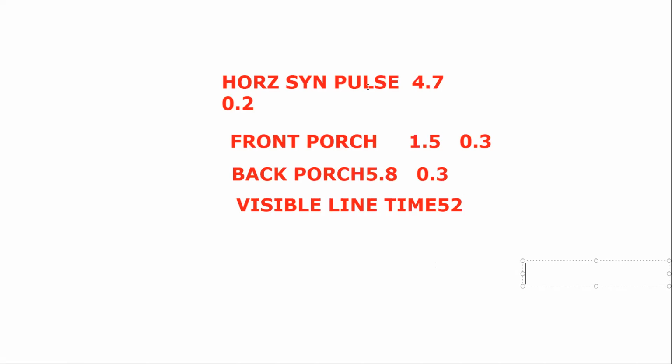So this interval allows the receiver video circuit to settle down from whatever picture voltage levels exist at the end of the picture line to the blanking level before the synchronization pulse occurs. Clear?